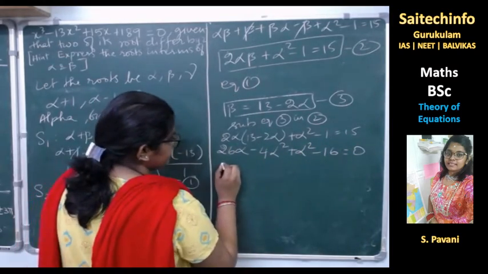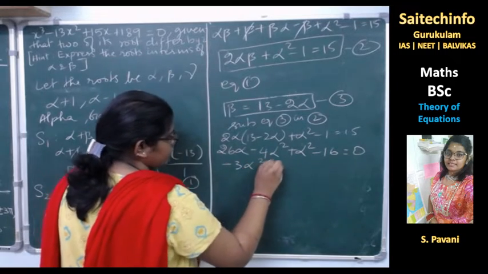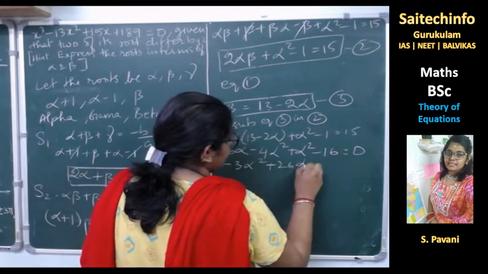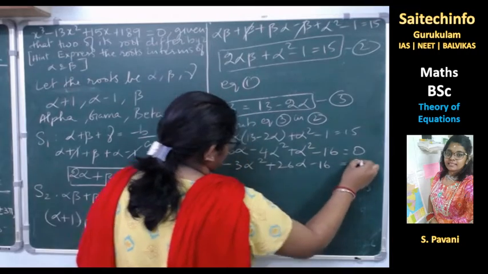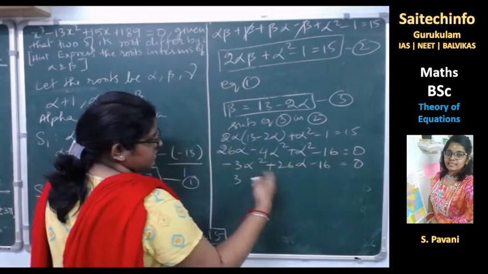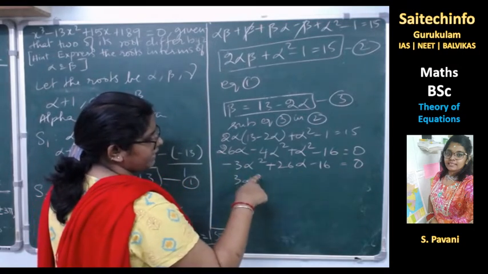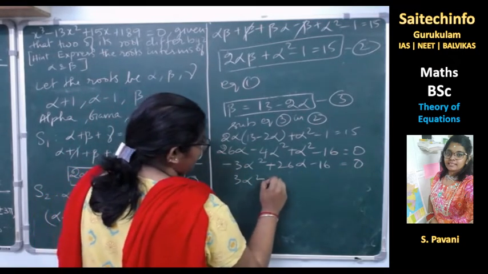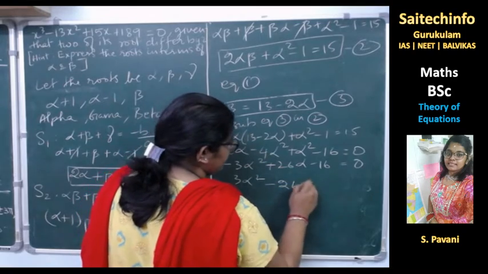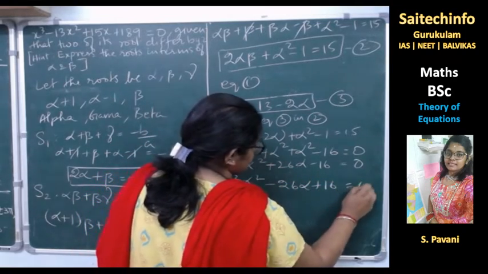If we simplify this equation: minus 3 alpha square plus 26 alpha minus 16 is equal to 0. Let's change the sign here. Multiply the whole equation by minus 1: 3 alpha square minus 26 alpha plus 16 is equal to 0.